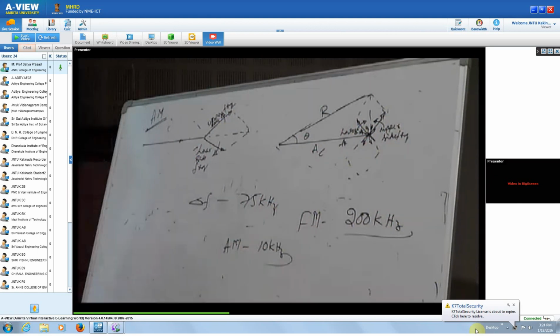each station is separated in this frequency band by 10 kilohertz, because in the case of AM, your frequency band starts from 535 to 1640 kilohertz. Therefore, the first station starts at 540.